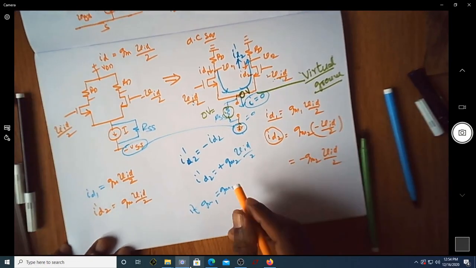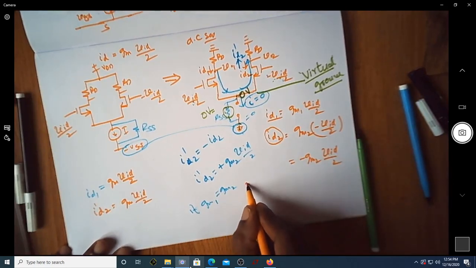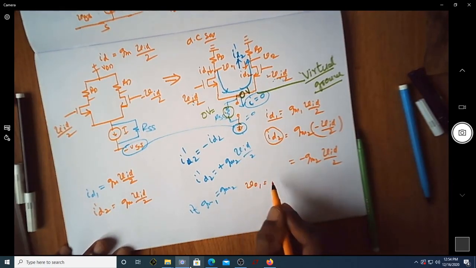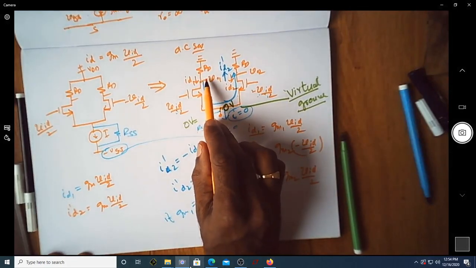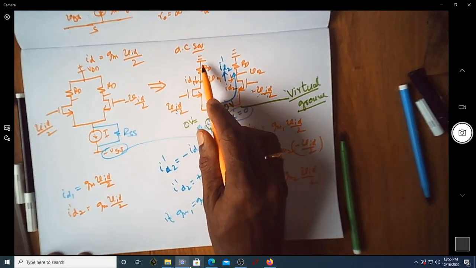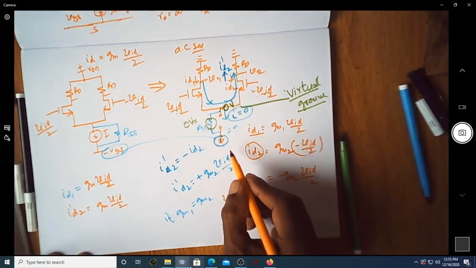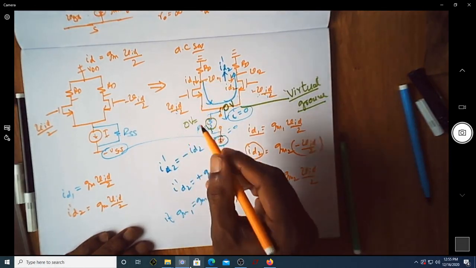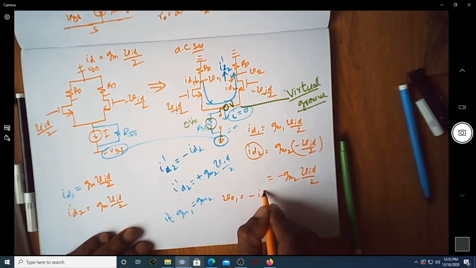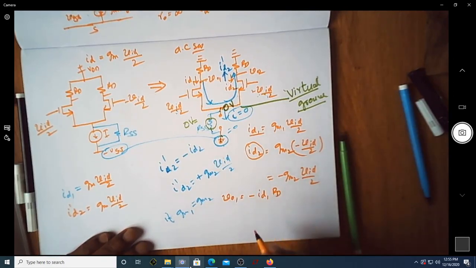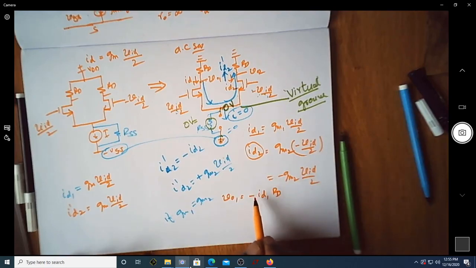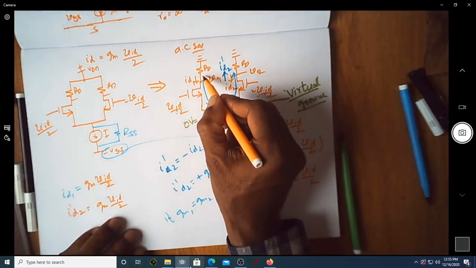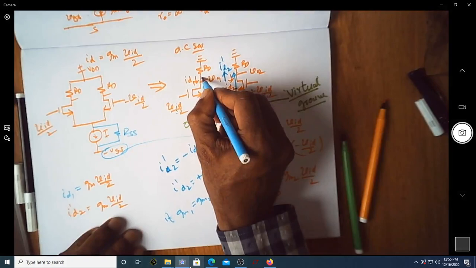Suppose I'm interested in knowing my output voltage V01, which is a single-ended voltage at this point with respect to ground. You can see this is the ground. So can I write V01 as equal to minus of ID1 into RD? Why minus of ID1? Because I'm interested in this voltage, plus minus here.